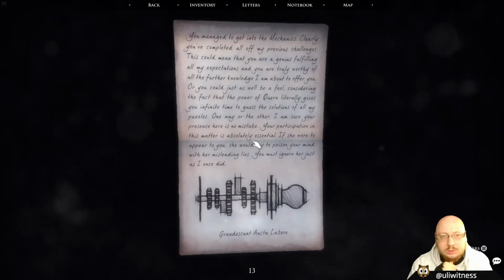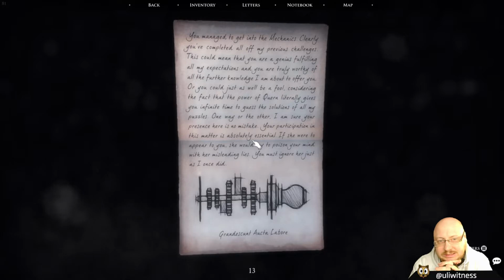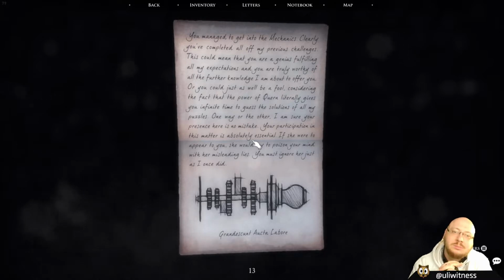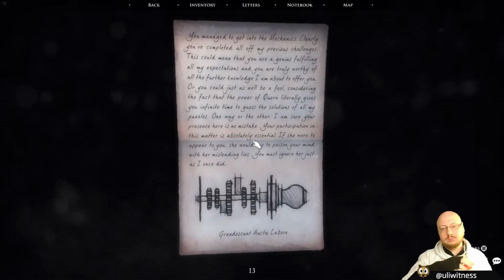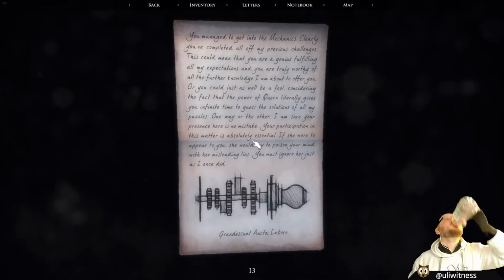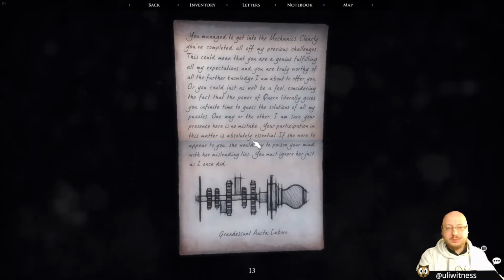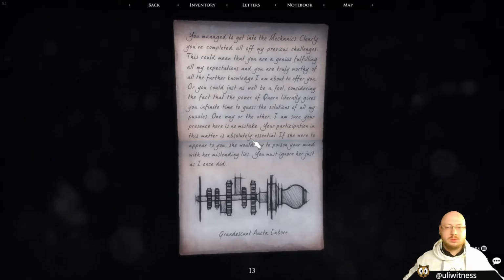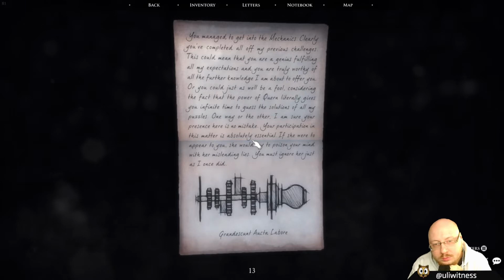You've managed to get into the mechanics. Clearly, you've completed all of my previous challenges. This could mean that you are a genius, fulfilling all of my expectations, and you are truly worthy of all the further knowledge I'm about to offer you. Or you could just as well be a fool, considering the fact that the power of Quern literally gives you infinite time to guess the solutions of all my puzzles.